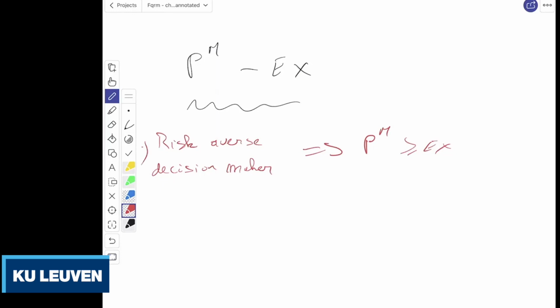If you turn it around, if you take a convex utility function, meaning a risk-loving decision maker, then you will find that PM will be smaller than the expectation of X. Right? Then you are not willing to pay more than your expected loss because you like the gamble.